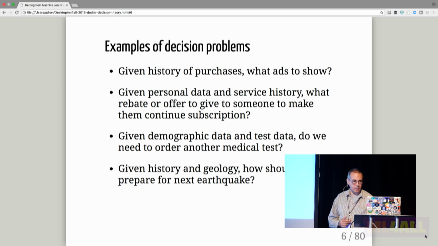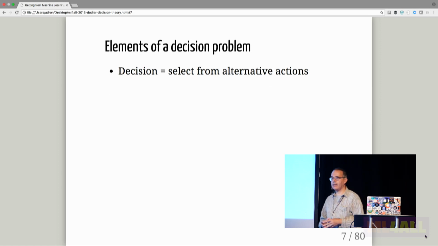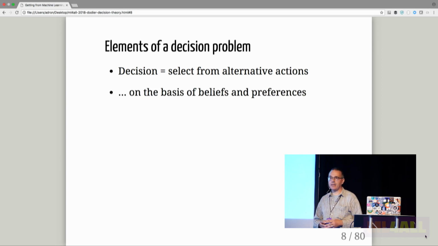So in all of these examples, the common elements that we see are that we have the opportunity to select from different actions. So different alternatives present themselves to us, and we have to take one of them. The other elements of this that I'll be emphasizing in this talk are that we have beliefs about what might happen, and we also have preferences.